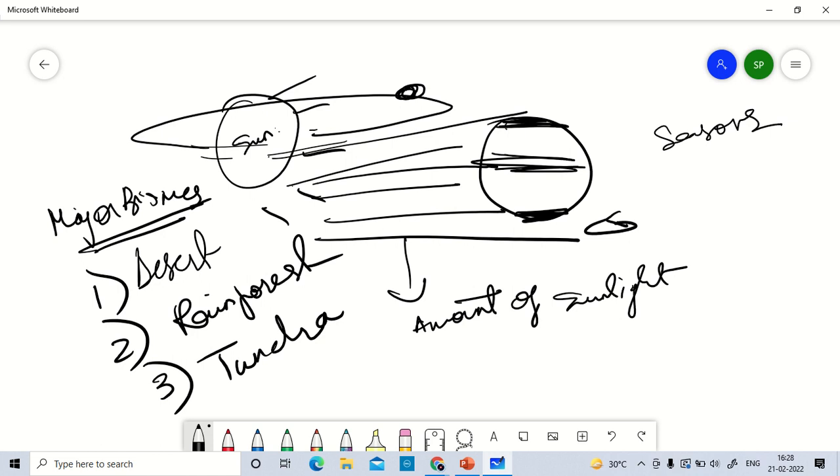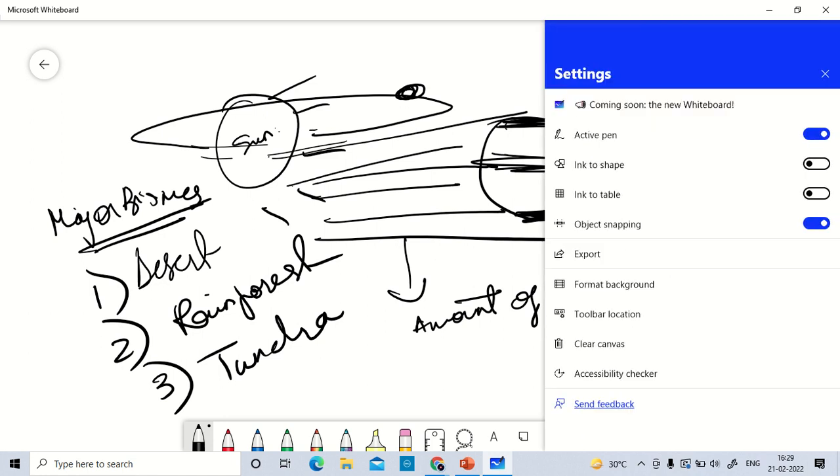Major biomes of India are shown in figure 13.2. Major biomes: tropical rainforest, deciduous forest, desert, sea coast. These are the major biomes which I have written.